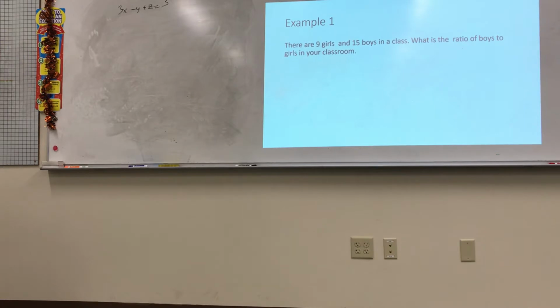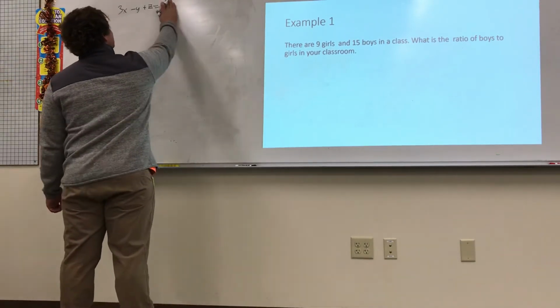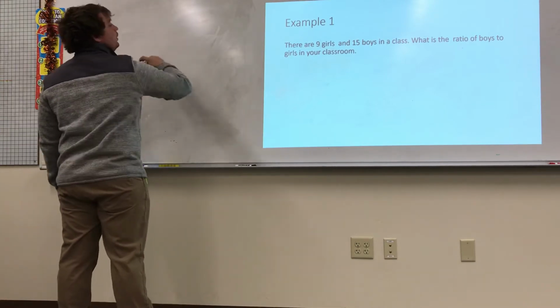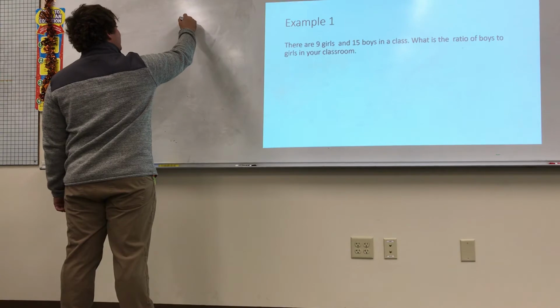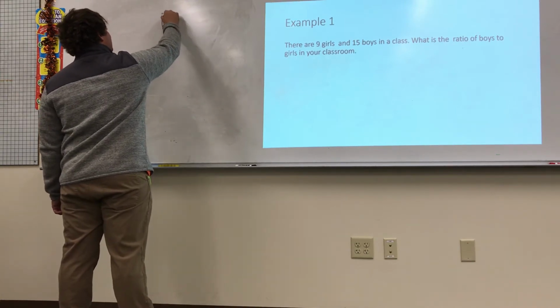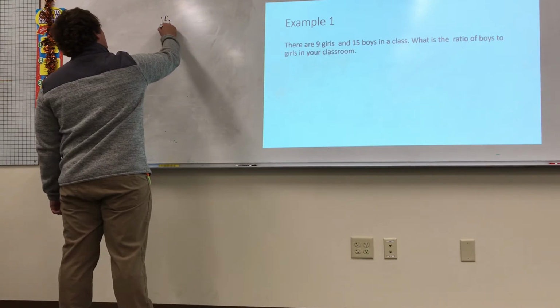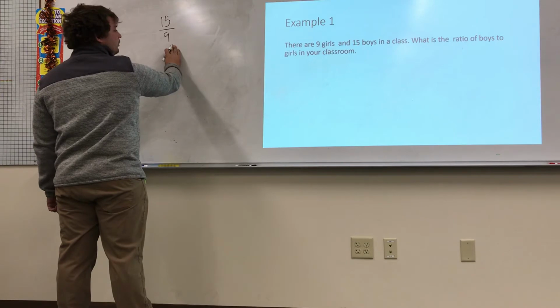15 boys. Now this isn't from the whole class, this is girls to boys. It's not boys to the whole class, it's not girls to the whole class. So you're going to have 15 boys over 9 girls.